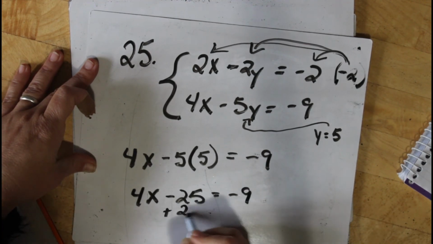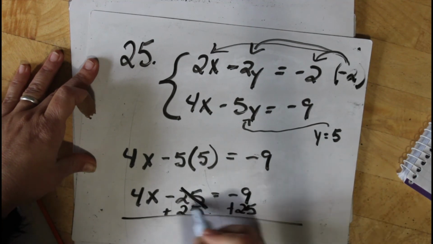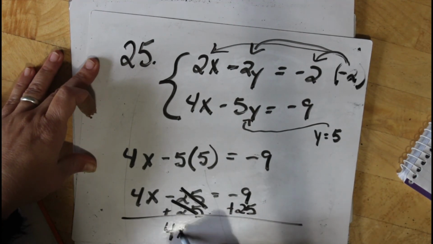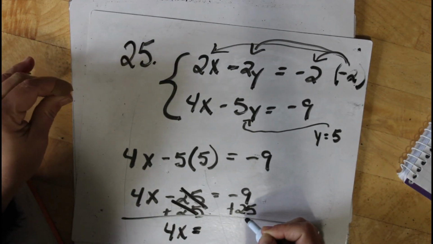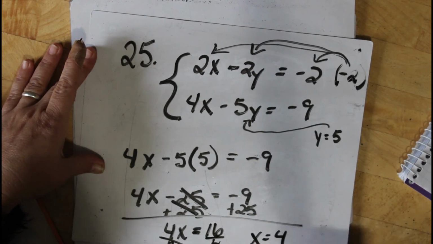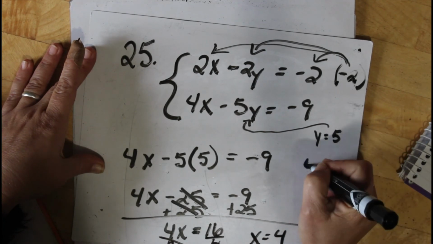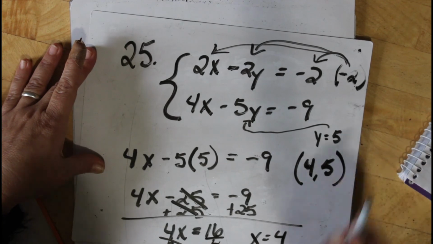Now we're going to do plus 25 on both sides. 4x equals, what would that be, 16? Divide by 4, x equals 4. So the answer should be 4, 5. Our x is 4, our y is 5.